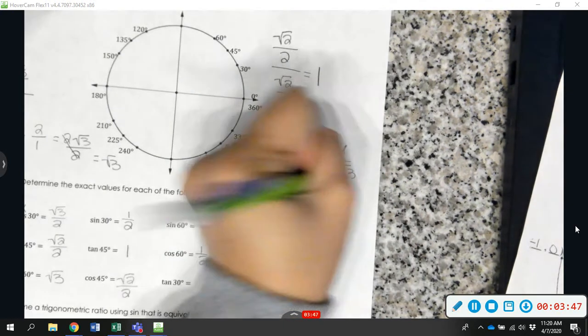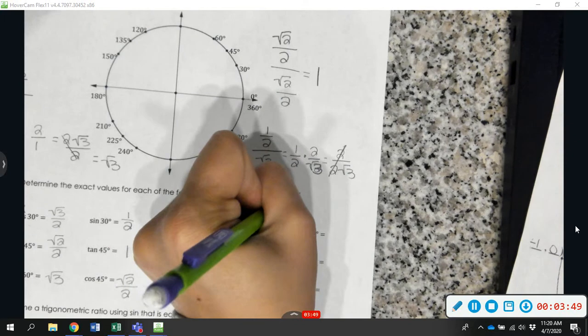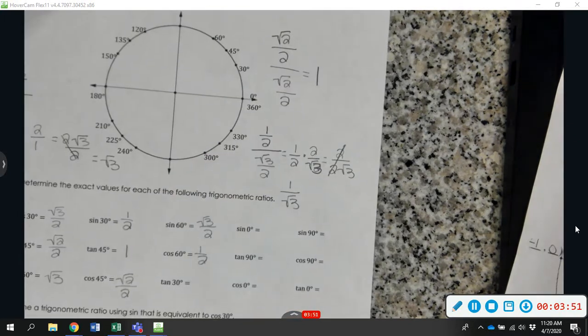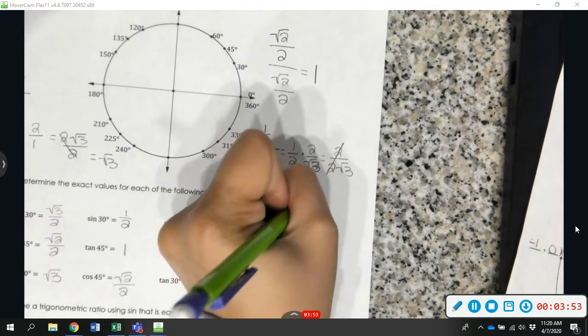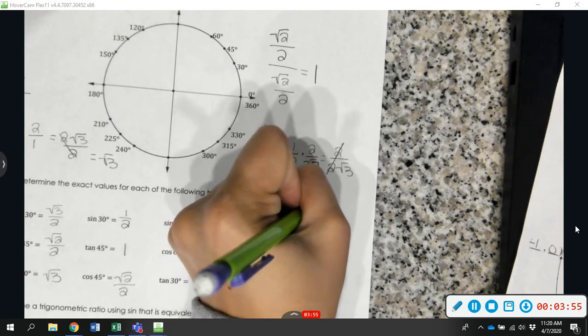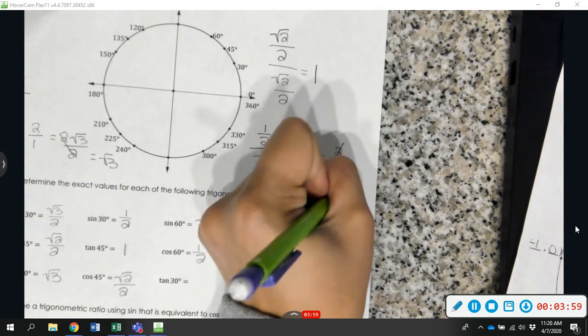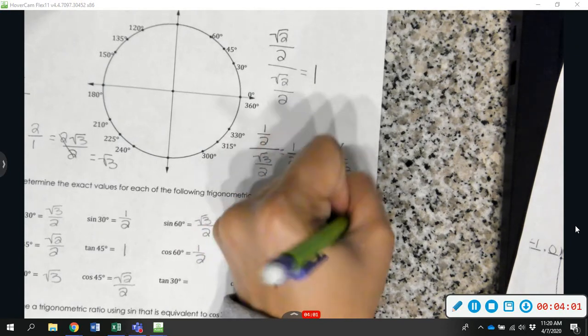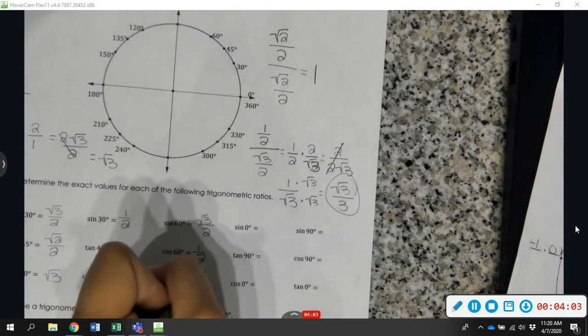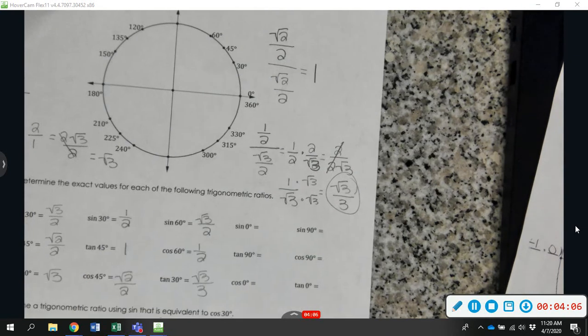The 2's cancel out. I'm just left with 1 over rad 3. But we can't have radicals in the denominator. So I multiply by rad 3 on top and bottom. And that gives me rad 3 over 3.